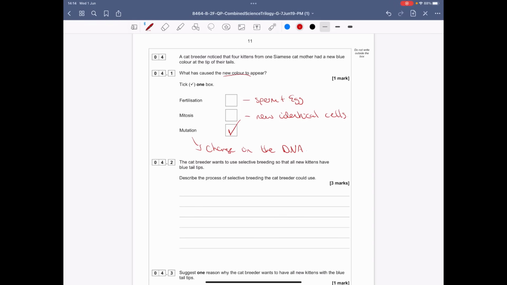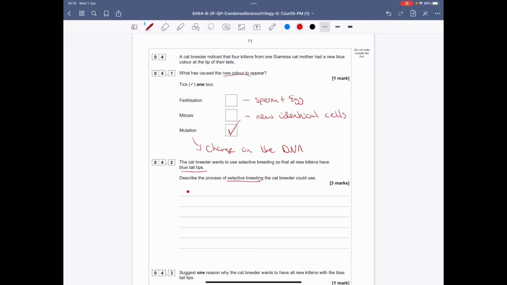The cat breeder wants to use selective breeding so that all new kittens have blue tail tips. Describe a process of selective breeding the cat breeder would use. So we need to say what selective breeding is. Selective breeding is pretty much about managing the sex and making sure that those animals with the desired characteristics are the only ones that breed, so therefore you are more likely to get that feature.